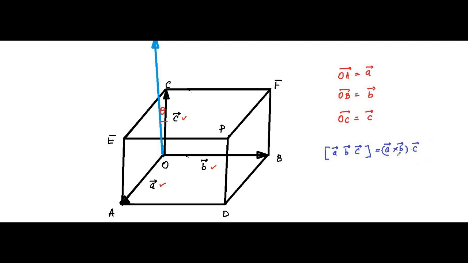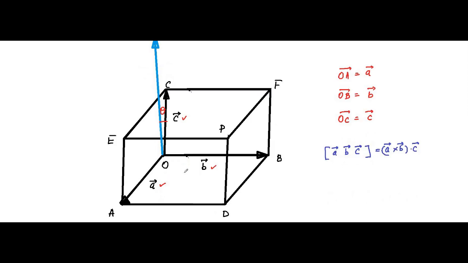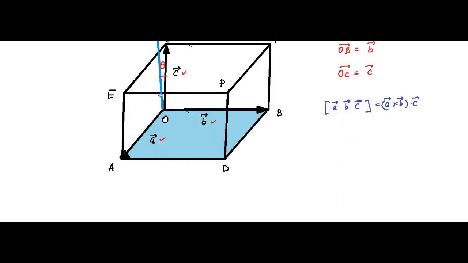we want to write. Now if we consider this way of writing, here the cross product or vector product of A vector and B vector gives us this A vector cross B vector, which is perpendicular to the plane containing A vector and B vector, that is this plane. Okay, this plane is perpendicular to this A vector cross B vector.